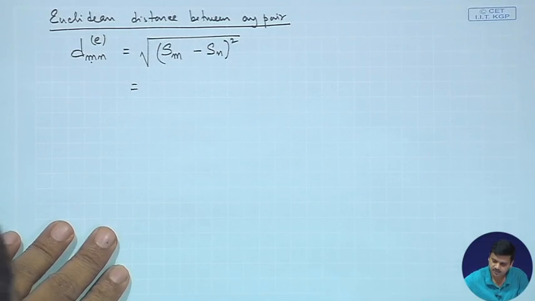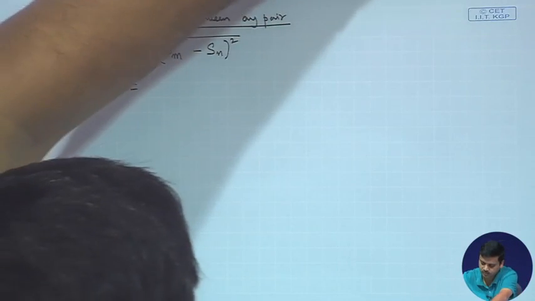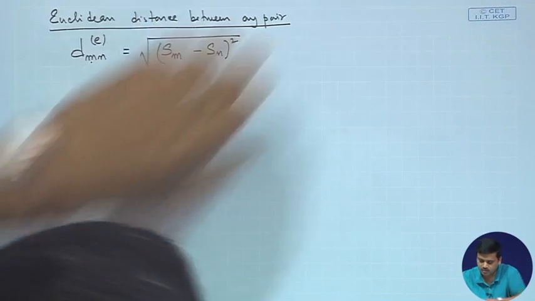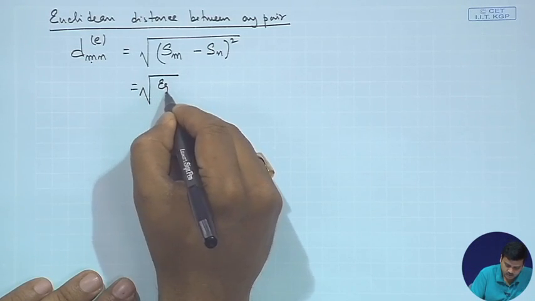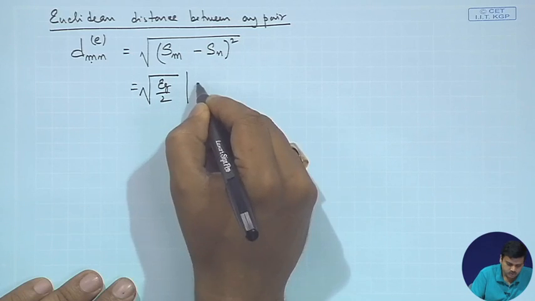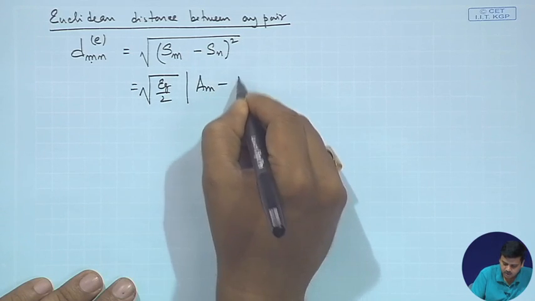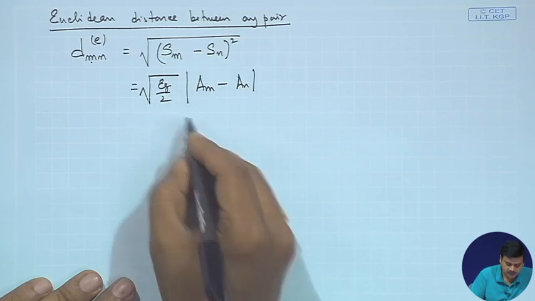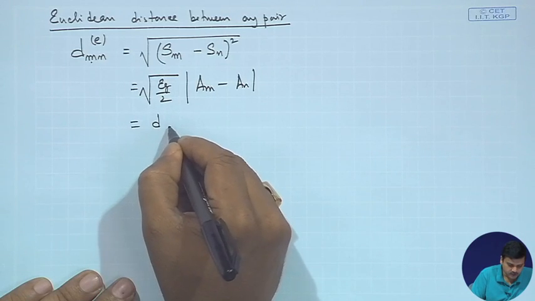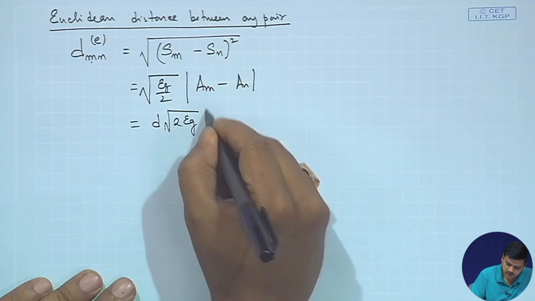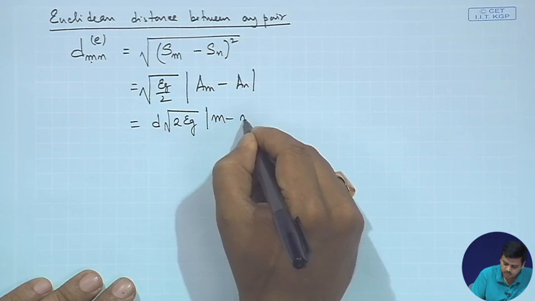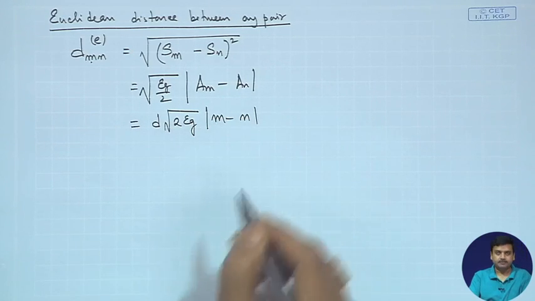So, from this you could calculate this as root over Eg upon 2 times modulus of Am minus An, which would turn out to be d square root of 2 Eg into modulus of m minus n, right.